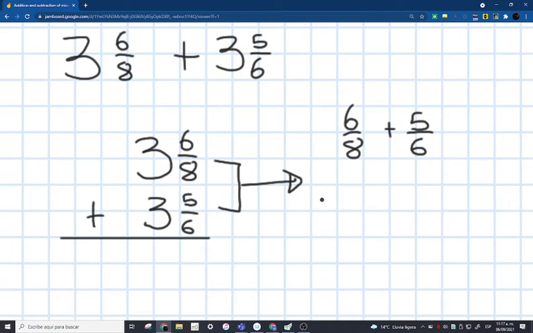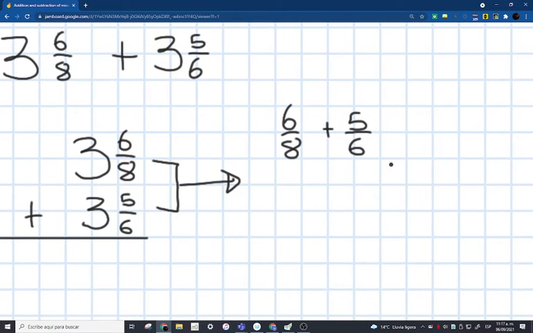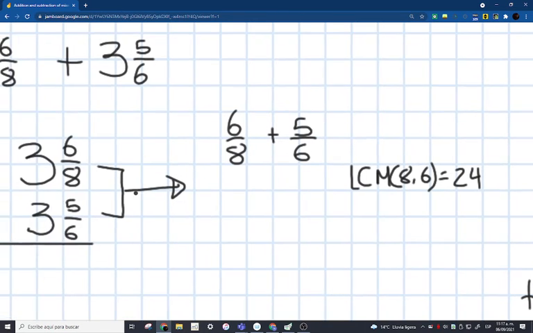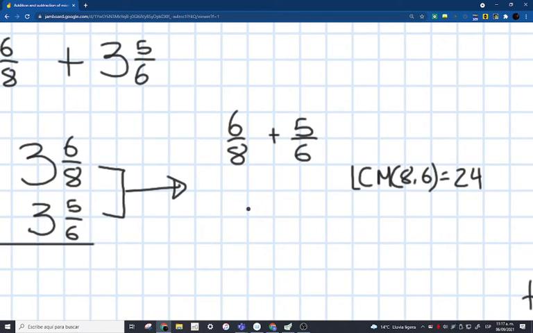And since they are unlike fractions, we have to find the least common denominator, the least common multiple of 8 and 6, which in this case is, if I'm not mistaken, 24. Okay, that's the first number that appears in the two of the tables. So that's going to be our new denominator. This is going to be 24ths, also 24ths. And let's think about the whole fraction.